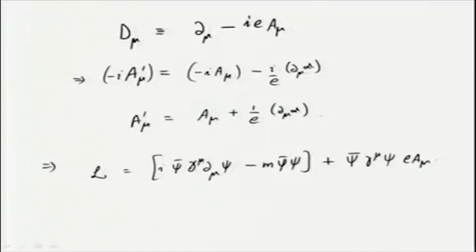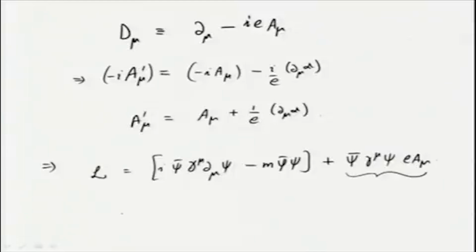And indeed, this is of the form that we had earlier for an electron or a charged particle represented by psi interacting with the electromagnetic field represented by A mu.